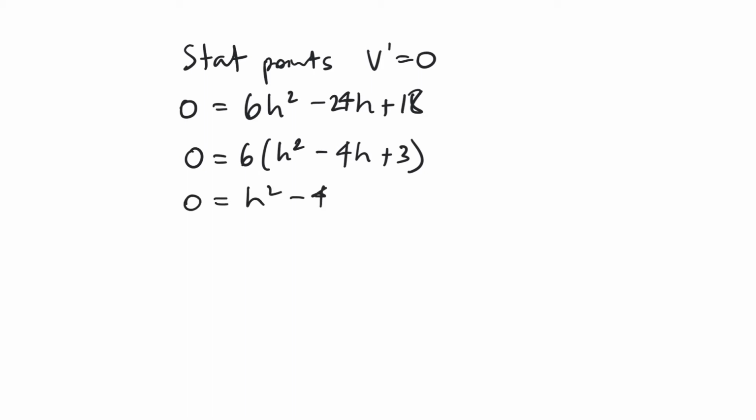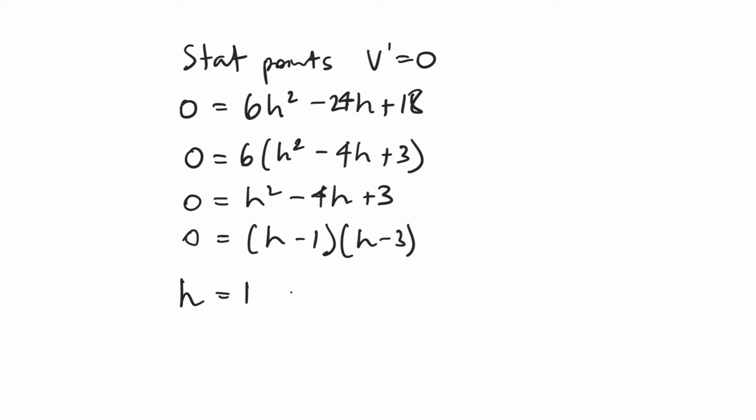We're going to get ourselves 2 answers. When we factorise this one, h minus 1 is equal to 0, or h minus 3 is equal to 0. So our 2 solutions are h is 1, or h is equal to 3. Remember, h being the depth of the water in this pond, 3 meters and 1 meter.